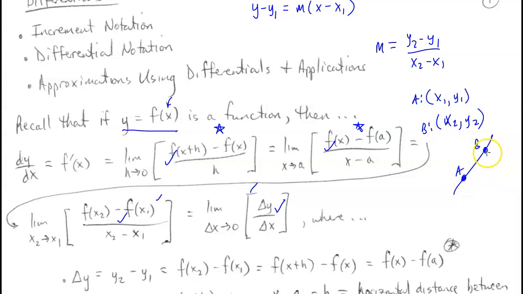Then, of course, the change in y values over the change in x values, we would call this delta y over delta x. That's another way to say it. So the change in y values over the change in x values would just be the slope of that line.